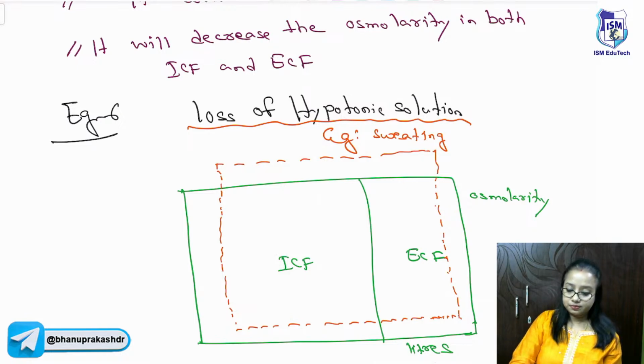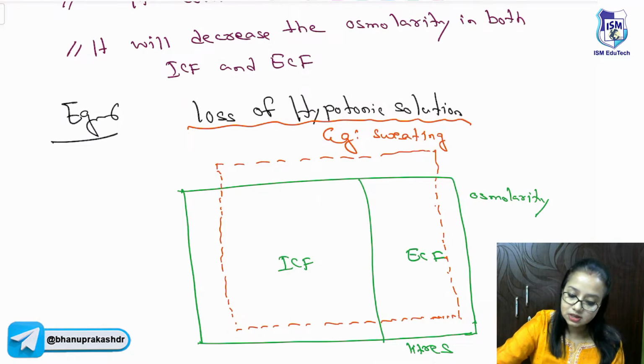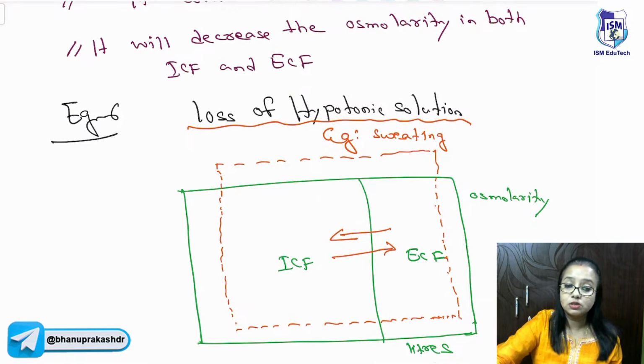Because of the loss of water, there is also a decrease in the volume, so the linear line has also gone up. But in this condition, what happens? There is first flow of water from the ECF to the ICF and then again from the ICF to the ECF, because loss of hypertonic solution means there is loss from both the compartments.